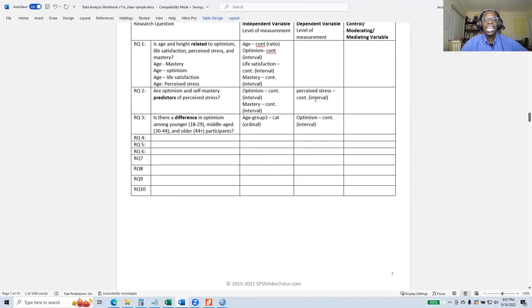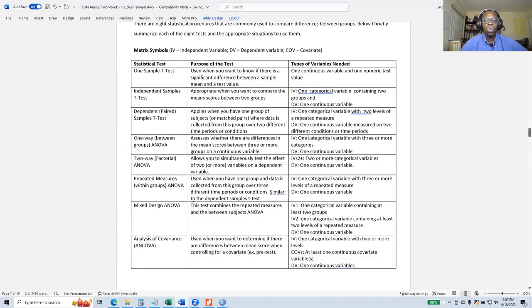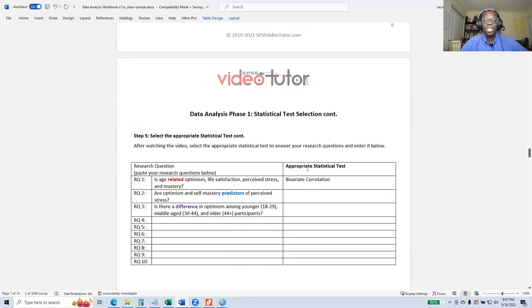And we see that it's continuous. So we come down here and we type in multiple regression. If that makes sense, type in a Y.